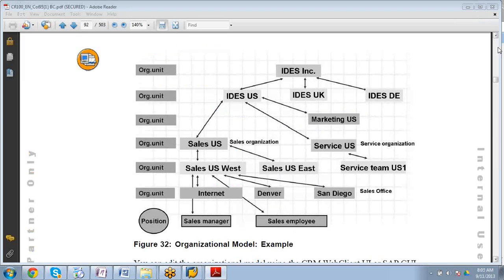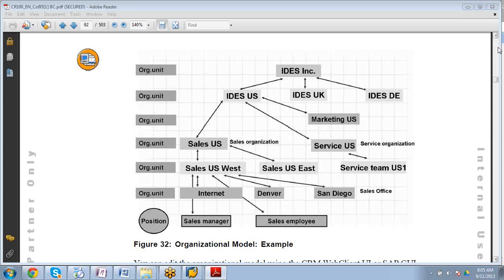Right. As we have understood, the process of the org model works in the following stages. So what did we discuss till now?